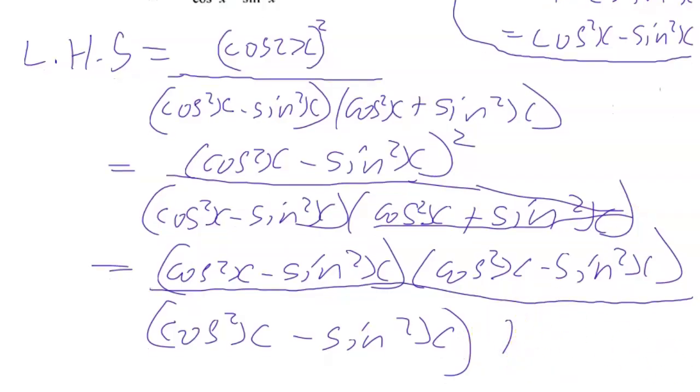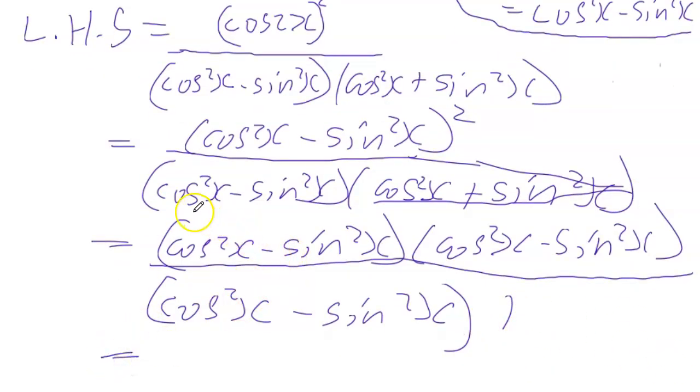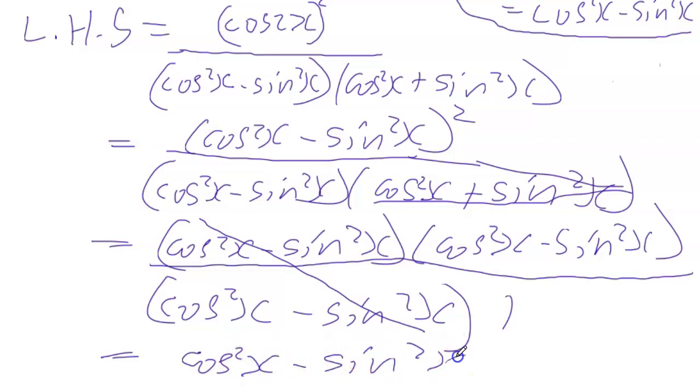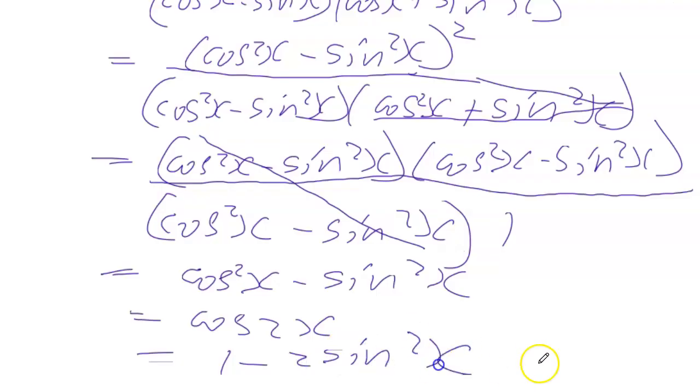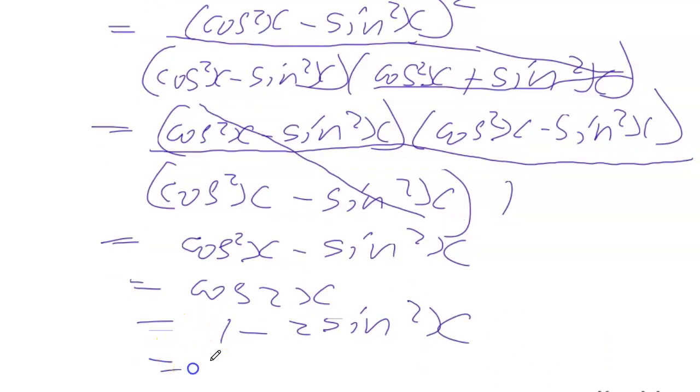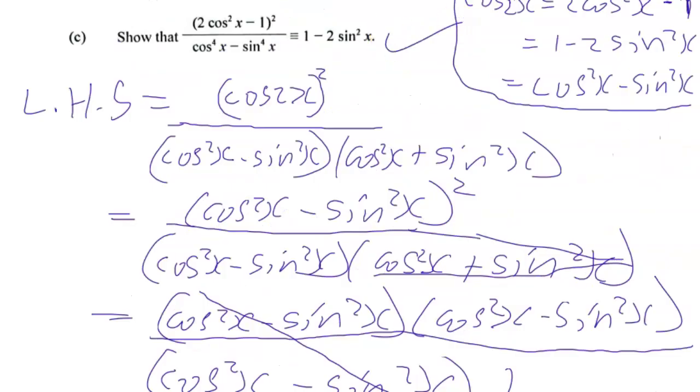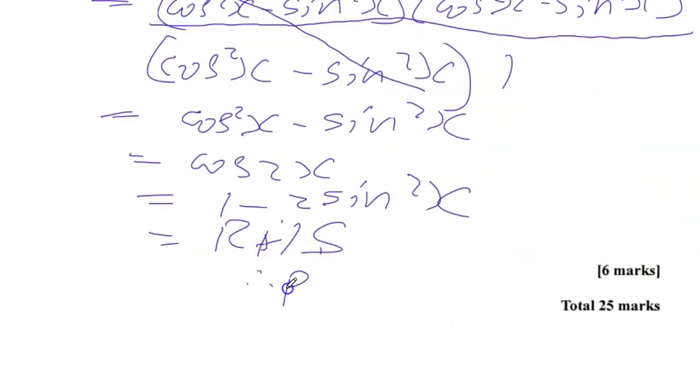Then cos square minus sine square into itself, you're left with cos square x minus sine square x, which is the same thing as cos 2x. And an expression for cos 2x is 1 minus 2 sine square x, which is what the right hand side is. The right hand side is 1 minus 2 sine square x. So that's a proof, therefore proven.